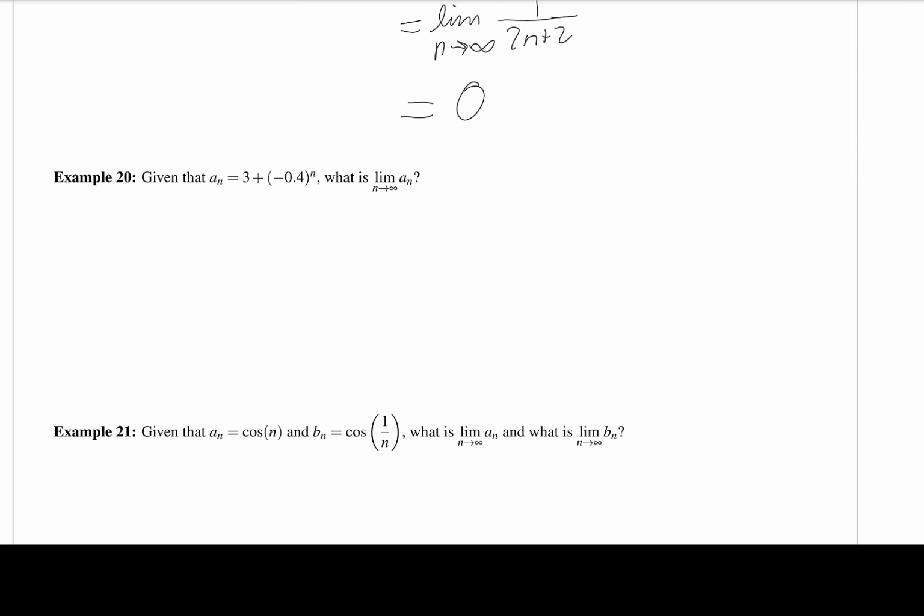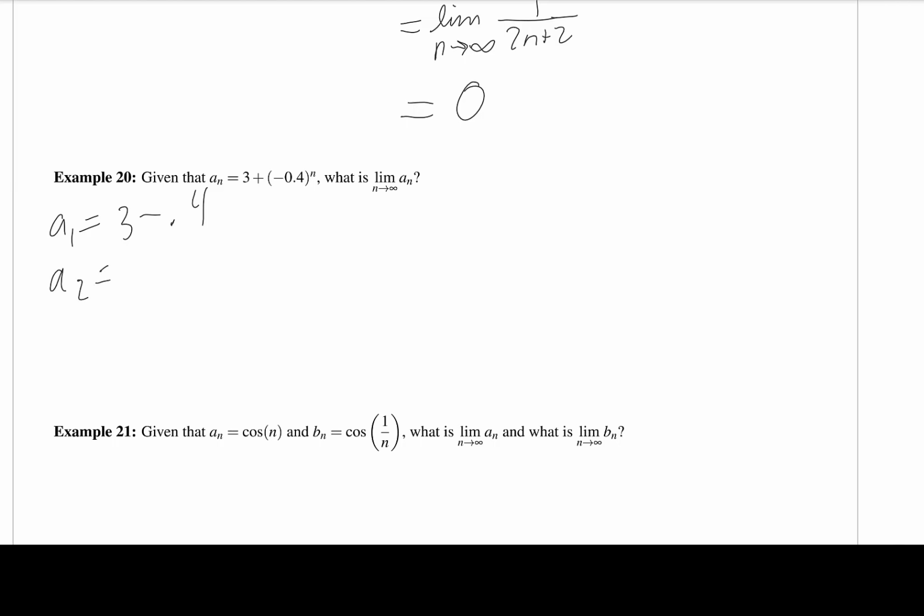Now let's look at example 20. So for example 20, we would have, let's see, a sub 1 would be 3 minus 0.4.